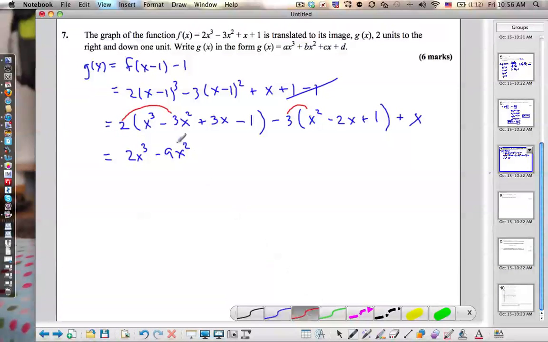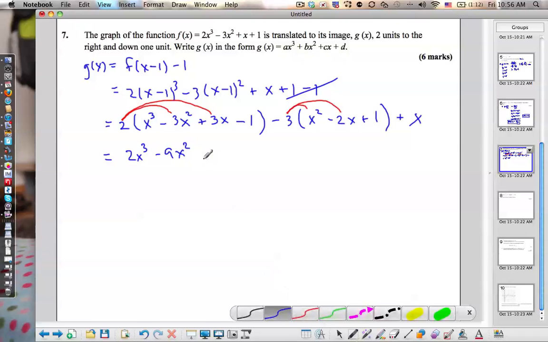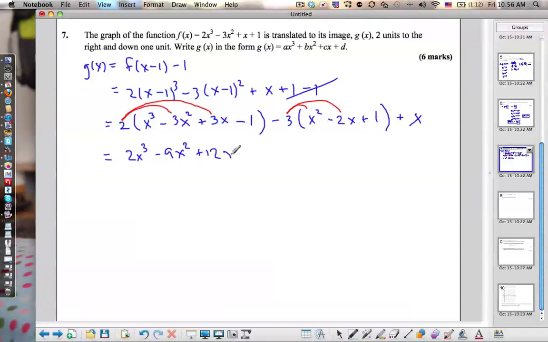And this is 6x, and that's 6x, so that's 12x. And then the last one is minus 2, and then this is minus, we have an x, oops, I forgot to put an x minus 1 right here.